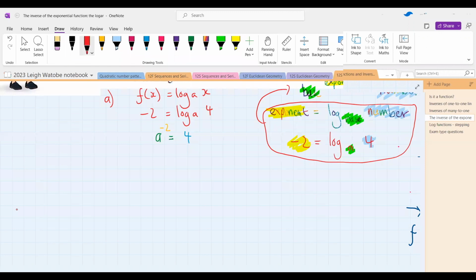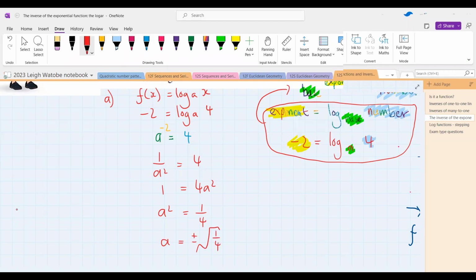Okay, so this should be 1 over a squared, and that would be equal to 4. Then I would cross multiply, so I'd get 1 equals 4a squared. Now I divide both sides by 4, so a squared would be equal to 1 over 4. Now I need to take the square root on both sides, so a would be equal to plus minus the square root of 1 over 4.